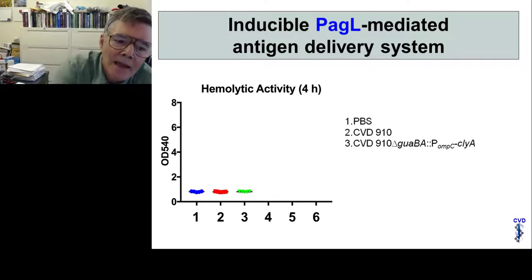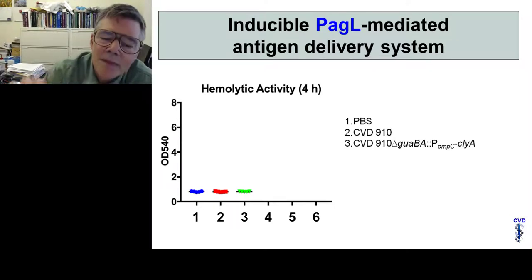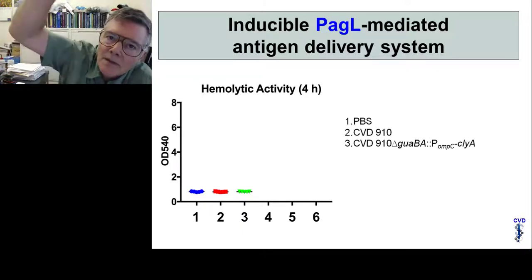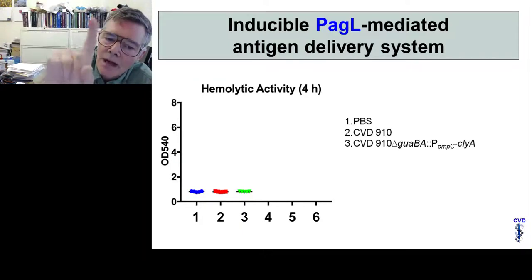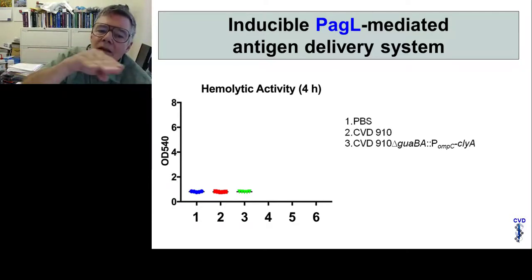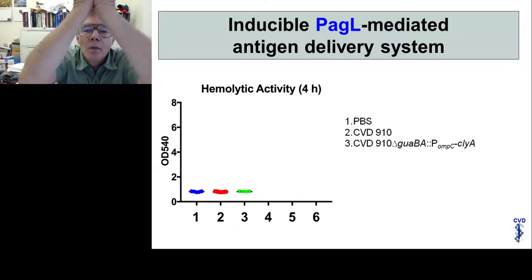Again, we're using hemolytic activity, but in this particular case, we're using chromosomally expressed Cli-A. So remember, there's a drop in copy number now because it's only in the chromosome, okay? 1 copy per cell. And we're just seeding the membrane with Cli-A so that if we can get vesicles to form, they will be hemolytic, all right?